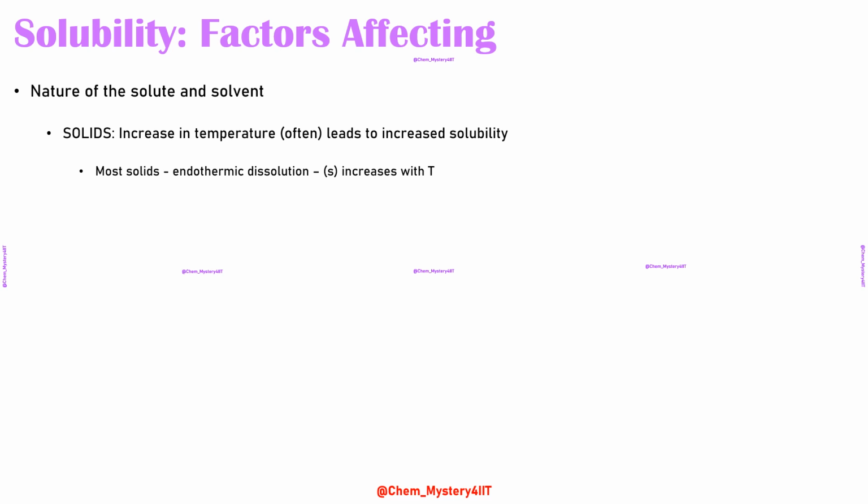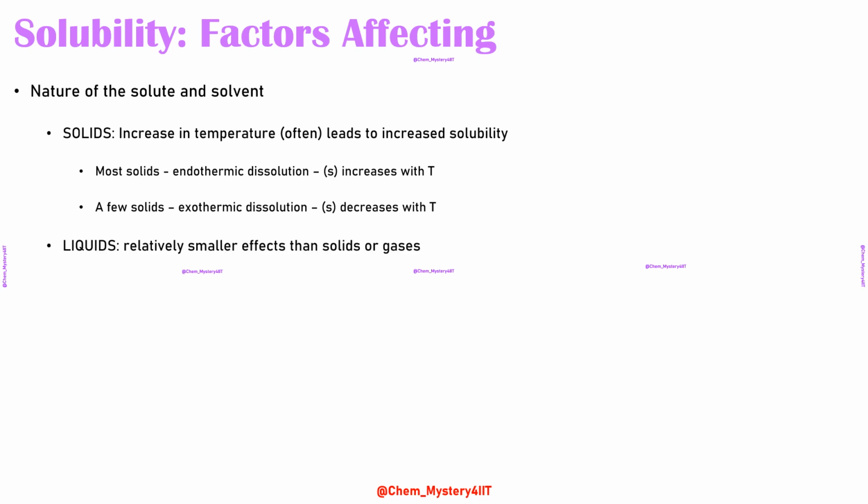We have seen that in most cases, solids have endothermic dissolution, so solubility is supposed to increase with temperature. For very few solids, like cerium sulfate and cadmium selenate, solubility decreases with temperature. They are different kinds of compounds.